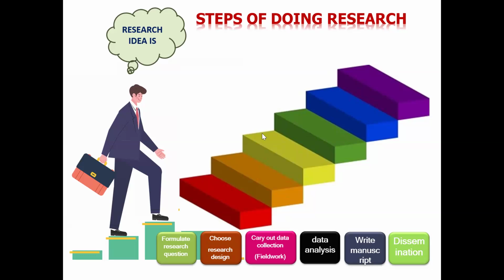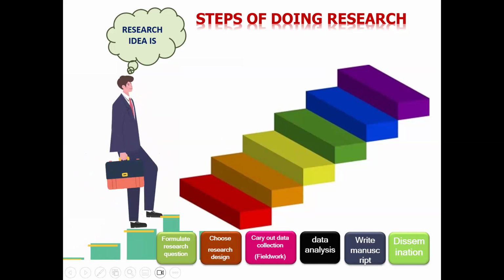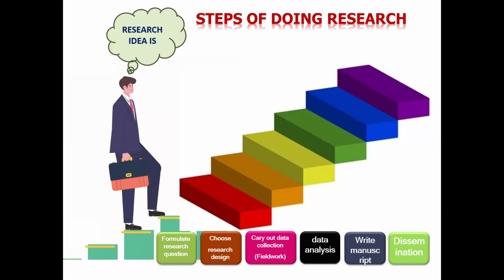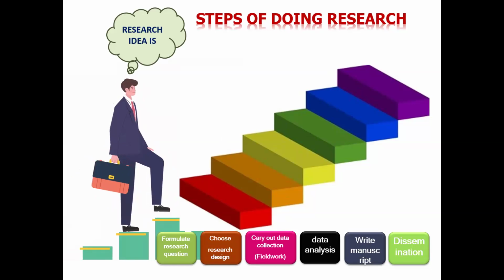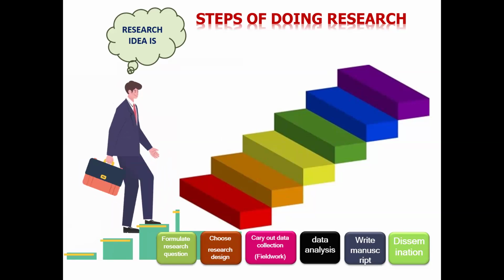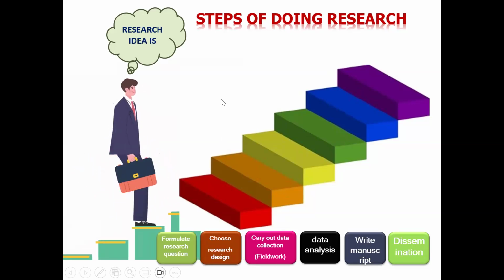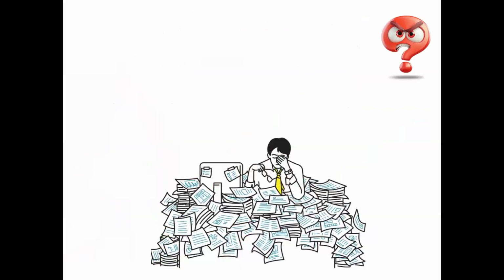We discussed the steps of doing scientific research, starting from having a research idea, and then we had some literature search, and then we wrote our research question, and then we will follow to choose our study design and data analysis and data collection, and then we'll move to how to write our research.